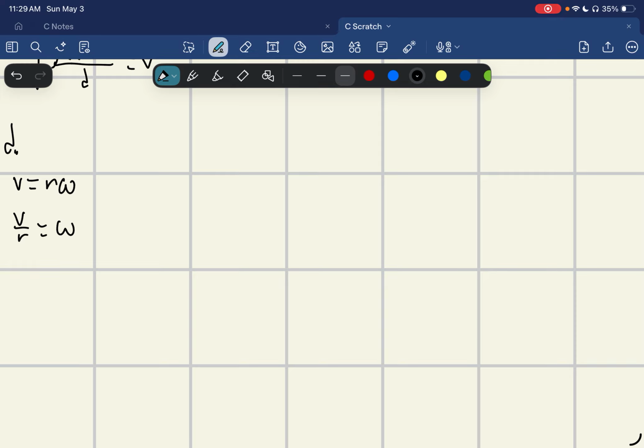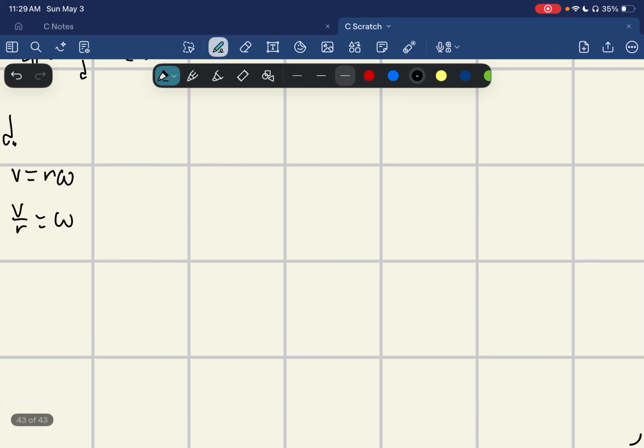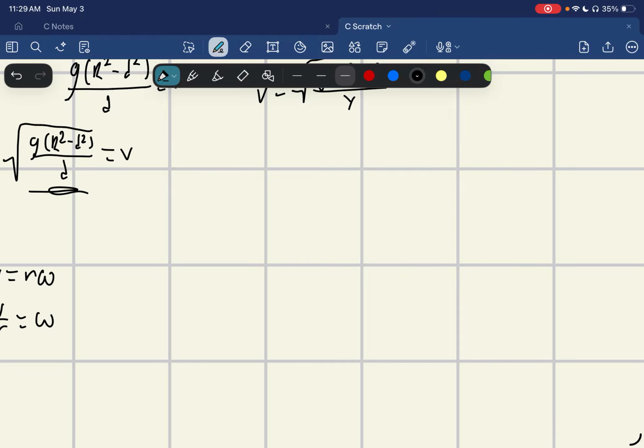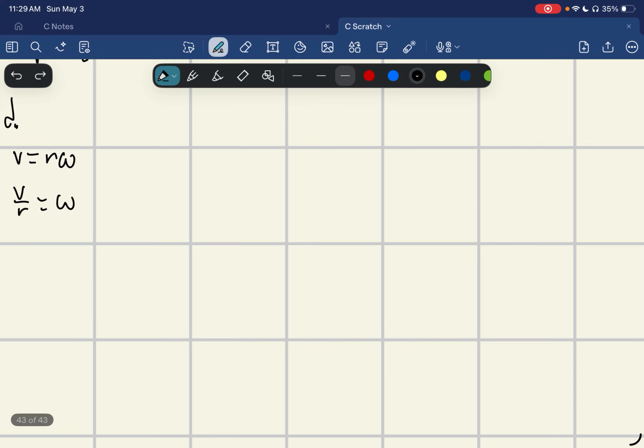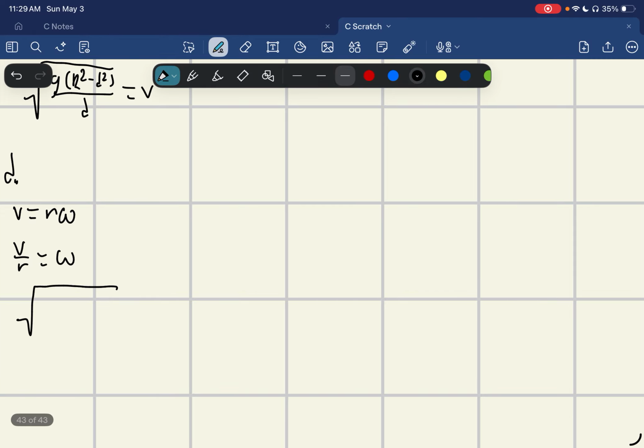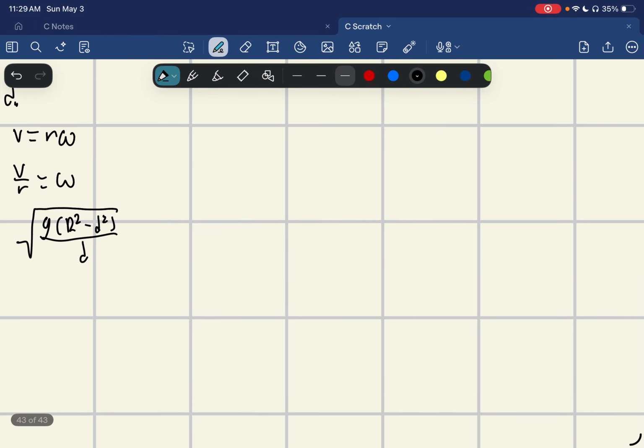And then earlier we found v to be this. So I'm just going to replace v with that, the radical of g times big R squared minus d squared all over d. And then we found that r to be the radical of big R squared minus d squared. And then it's equal to omega.